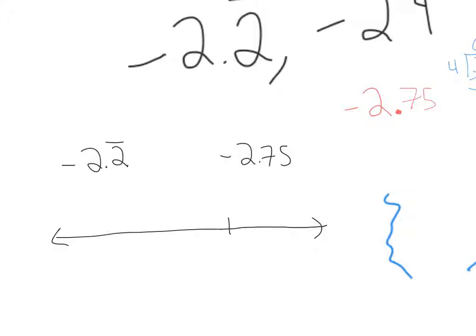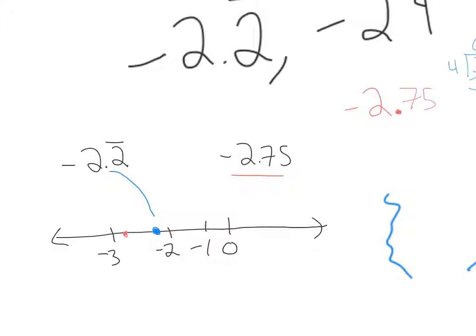Alright, I'll put 0 here. And it goes negative 1, negative 2, negative 3. Okay. Which number is closer to negative 2? It's probably going to be this guy. Negative 2.2 is probably right there. And negative 2.75, I'll put it in red.